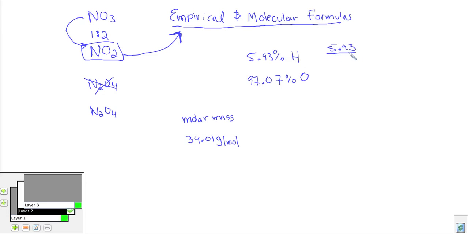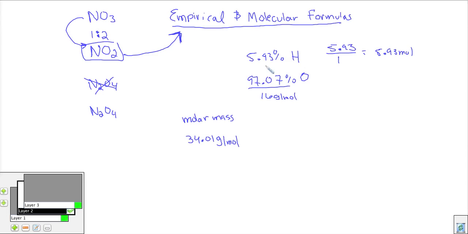If I have 5.93, you're going to pretend that this is mass instead of percentage. So what is the molar mass? To convert from grams or mass to moles, I divide by the molar mass. The molar mass of hydrogen is actually 1, so this is going to equal 5.93 moles. And I'm going to do the same with this one. The 97.07, the molar mass of oxygen is 16 grams per mole.